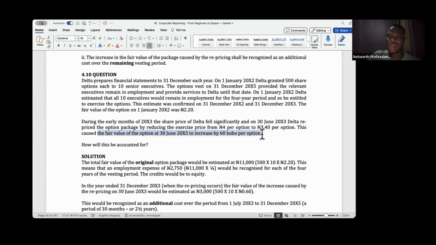That was why I gave you a story behind it: when the share price falls, to make it attractive, they will reduce the exercise price, which is what is here. They reduce the exercise price because the share price was falling, so to make it attractive, they reduced it.